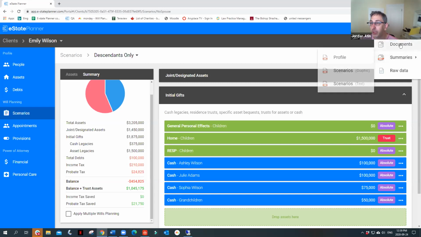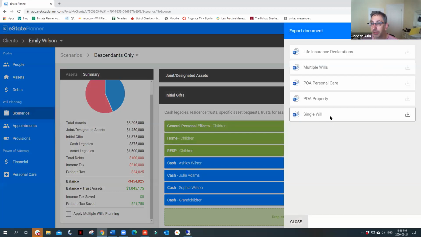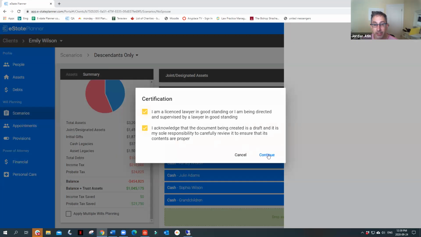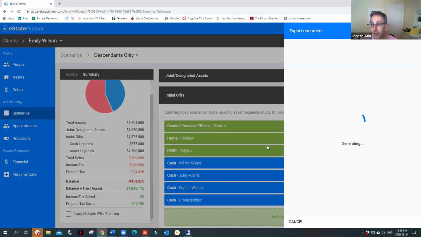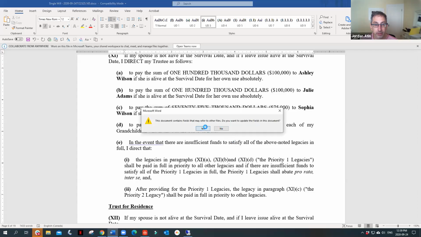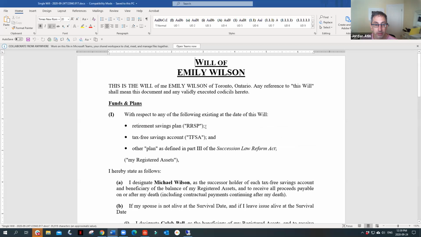So let me show you how that would then generate in eState. We would go to documents, single will, and just generate that. I want to take you to the provision that's going to be automatically generated to take into account the priority of payment. So here we have Emily's will.